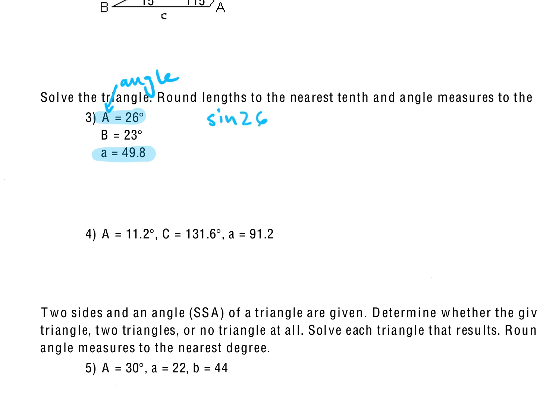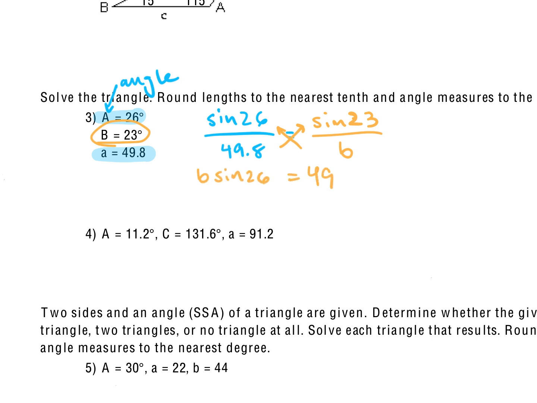Sine of 26 over 49.8 is equal to, what do we have to find next? B. So it gives us angle B, so sine of 23 over B. So we're going to cross multiply and divide. So B times sine of 26 is equal to 49.8 times sine of 23, and divide by sine of 26.